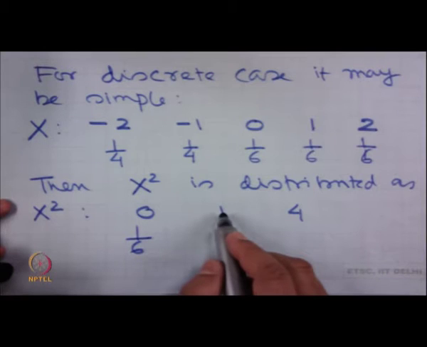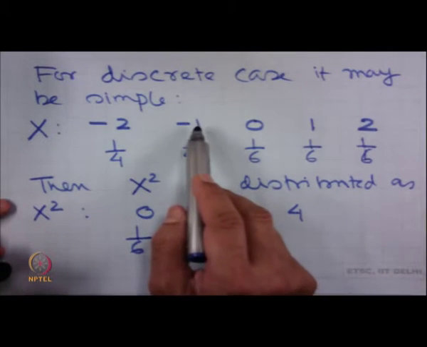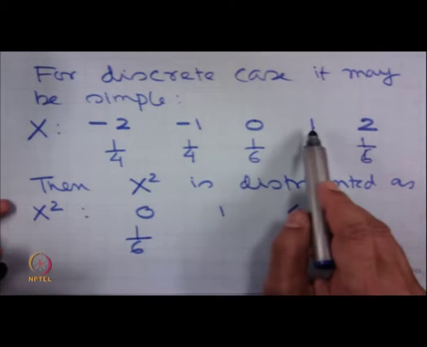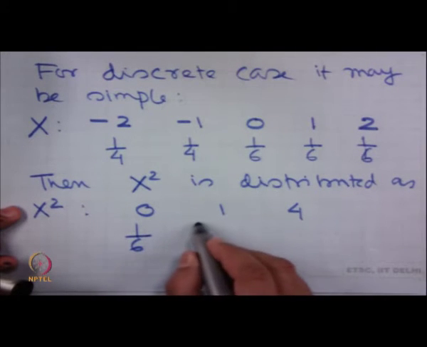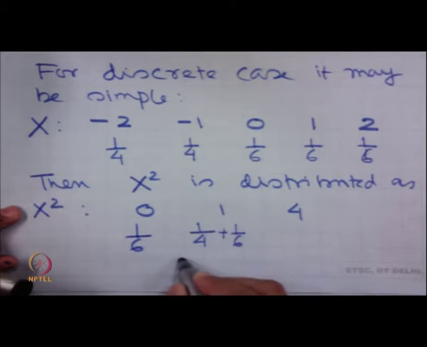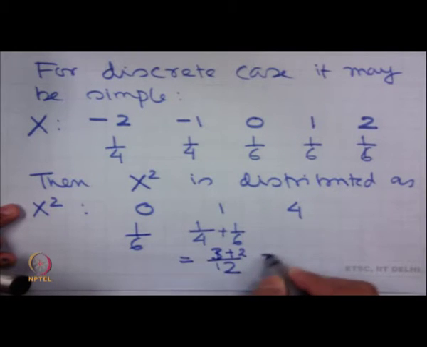Probability x square is equal to 1, that we can get in two different ways. When x is minus 1, whose probability is 1 by 4, and x is plus 1, whose probability is 1 by 6. Therefore, probability x square is equal to 1 is 1 by 4 plus 1 by 6, which is equal to 5 by 12.